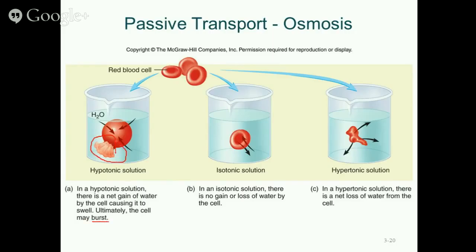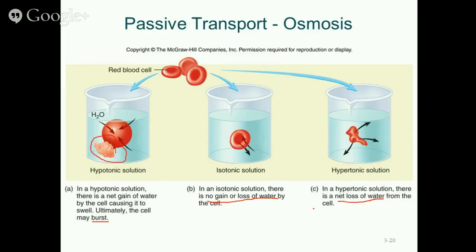Here's a hypotonic solution, meaning low concentration of solute outside. This liquid out here, water. Water shouldn't have a lot of things in it, right? Pure water should be pretty much pure. If we put a red blood cell in it, what happens?